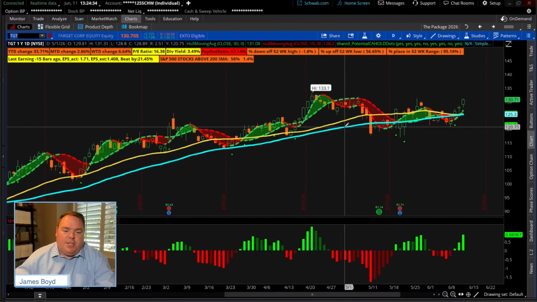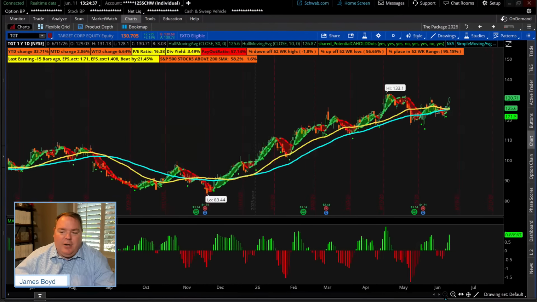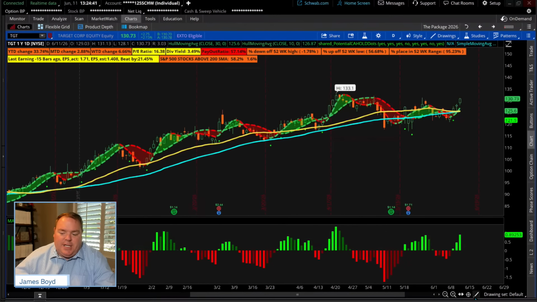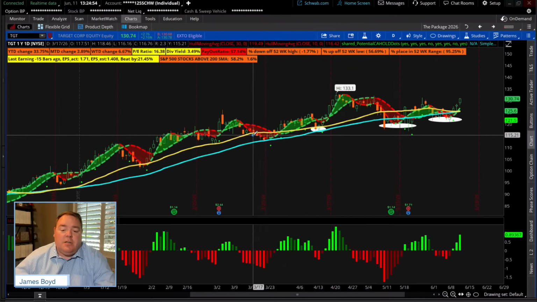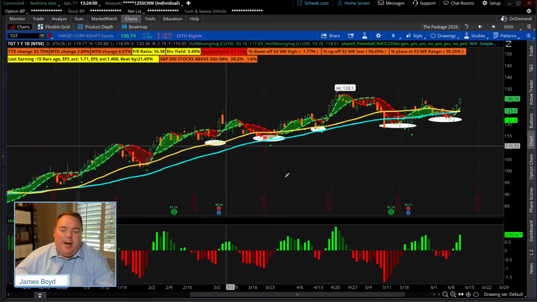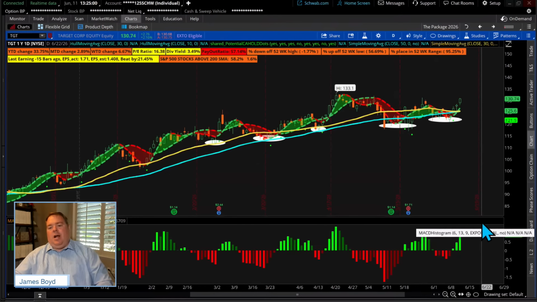Now, what you're going to notice is if we were to draw a diagonal support on this, I'm just going to circle some of these recent lows. So you don't have to know anything really about technical analysis if you can just circle lows. And then once we circle lows, like in first and second grade, we're going to play the game of connect the dots, right?